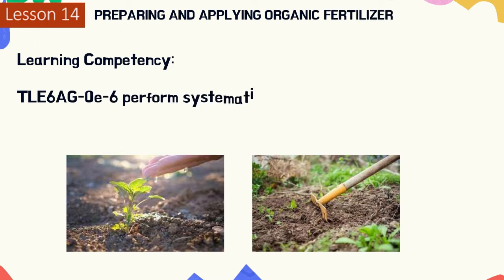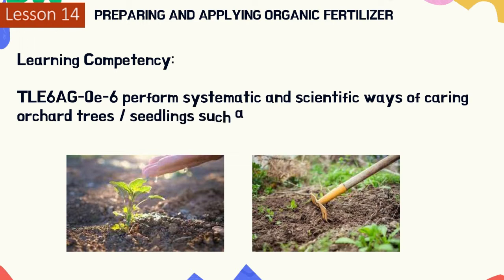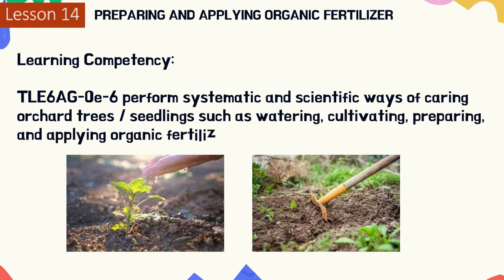Learning Competency, TLE 6 AGOE-6: perform systematic and scientific ways of caring for orchard trees or seedlings such as watering, cultivating, preparing, and applying organic fertilizer.